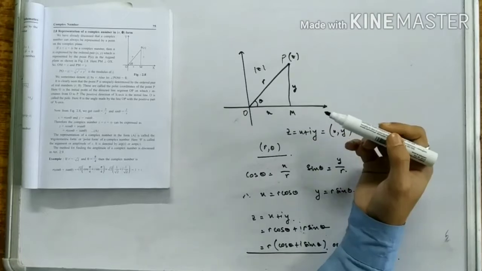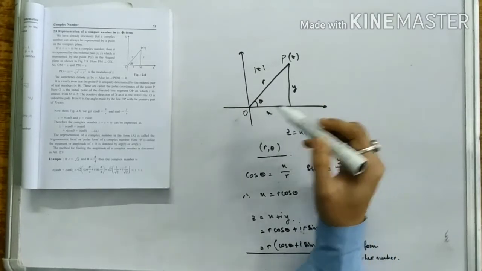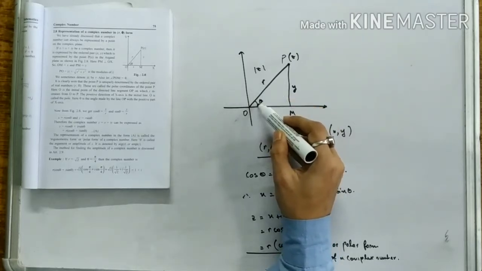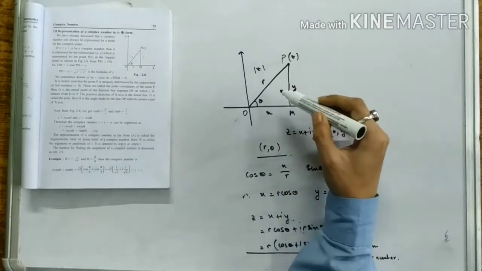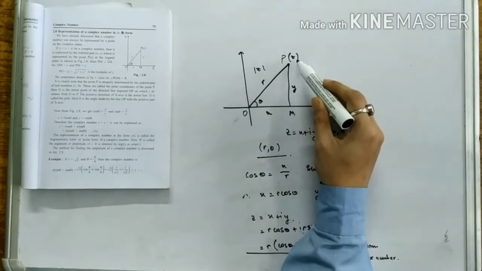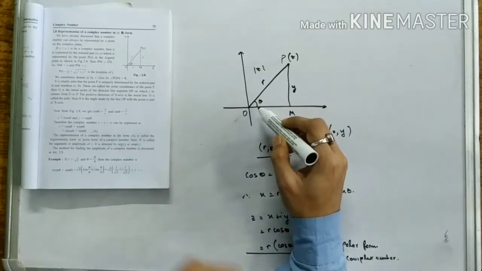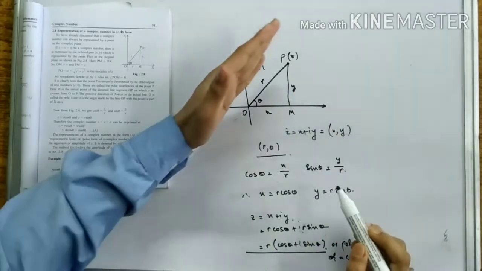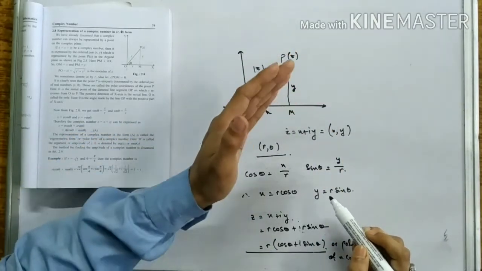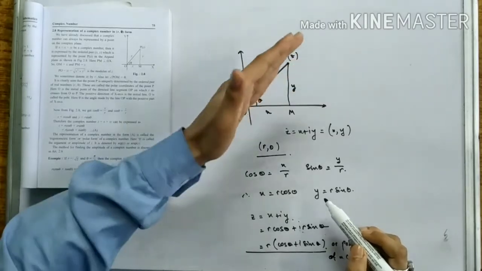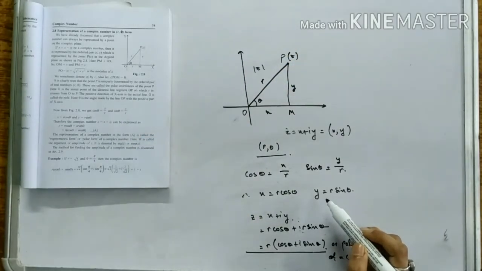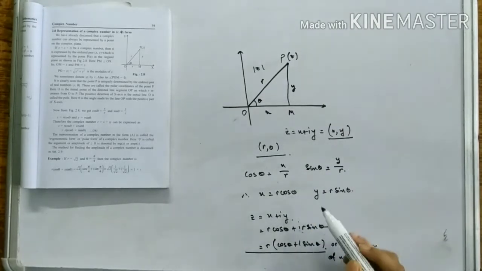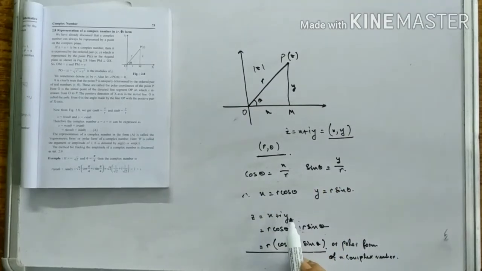Or, another way, you can use this r and this theta. r is the distance of this point from the origin, and theta is the angle that this line OP makes with the positive direction of the x-axis. Understand? So we can determine this point either by this coordinate or by this (r, theta) coordinate.